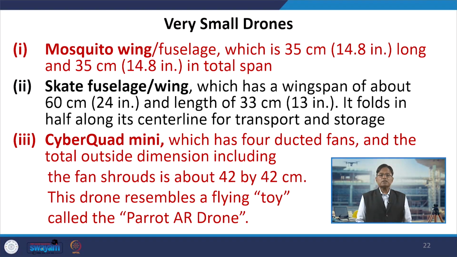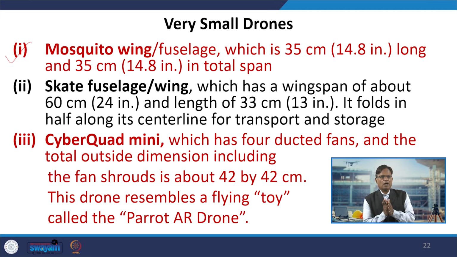Under very small drones, if you see, several classes are there. Mosquito, which is about 35 centimeters, 14.8 inches long, and 35 centimeters total span. So, these are very small drones. Then the second category is the skate fuselage wing, which has a wingspan of about 60 centimeters, 24 inches, and length 33.